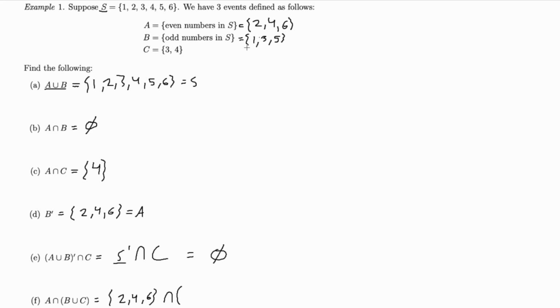So everything in B or C. So we have 1, 3, 5 for B. You can write 1, 3, and 5, and then everything in C. We already wrote down 3, so all we gotta write down is 4. And there you go. That's how you do this, the introduction.